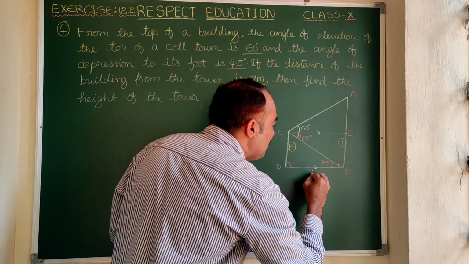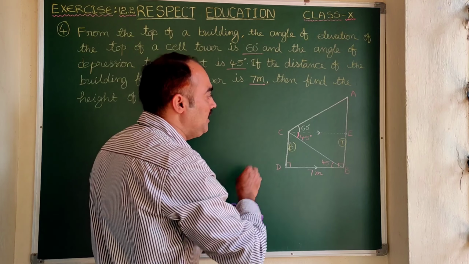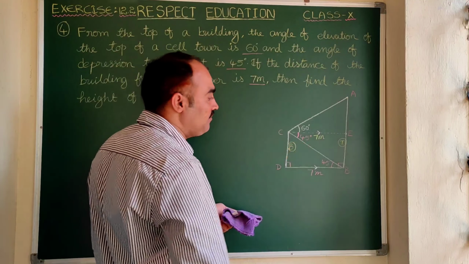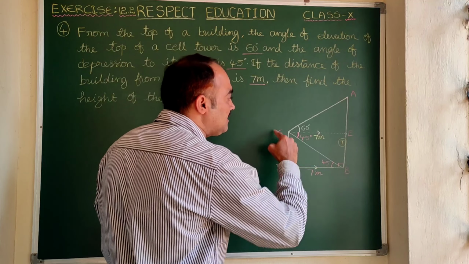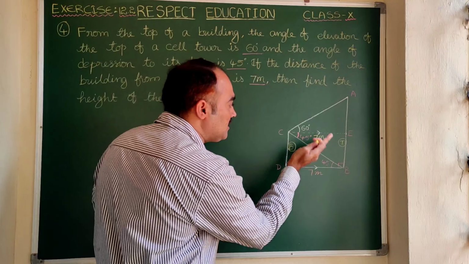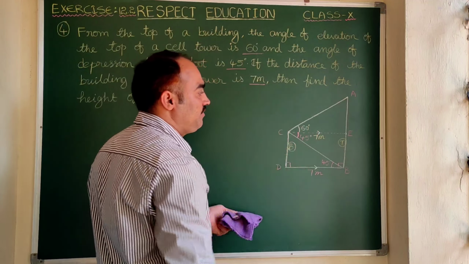So here we can write BD as 7 meters, that can be carried forward to EC also, because clearly from the figure BDCE indicates a rectangle whose opposite sides are equal. So 7 meters can be forwarded through to CE.